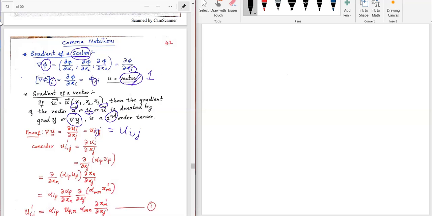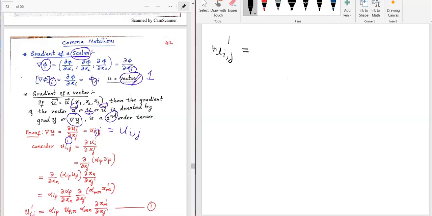Let us take a transformation. Let us take new coordinates. So consider our LHS, ui comma j dash, taking the new coordinates.